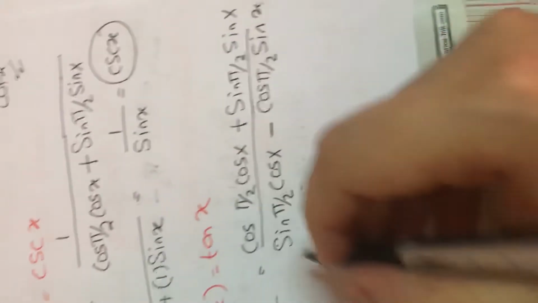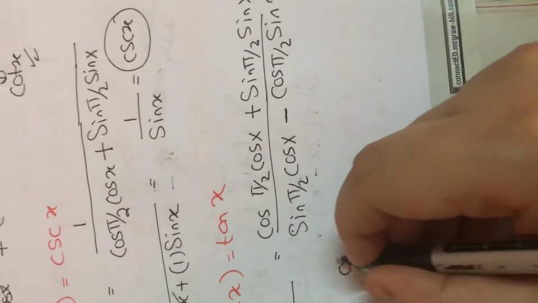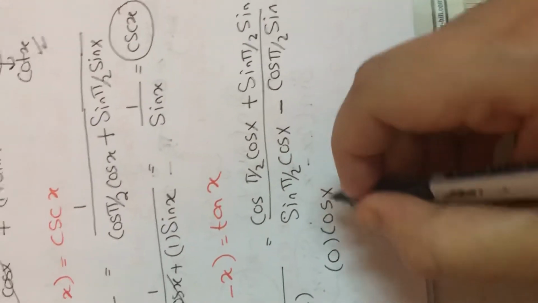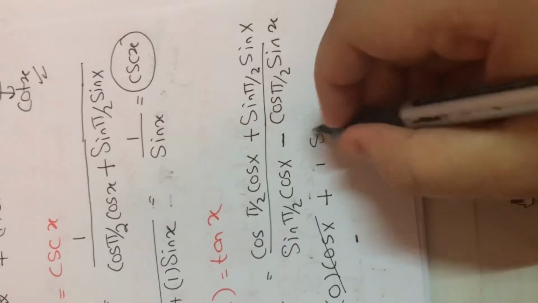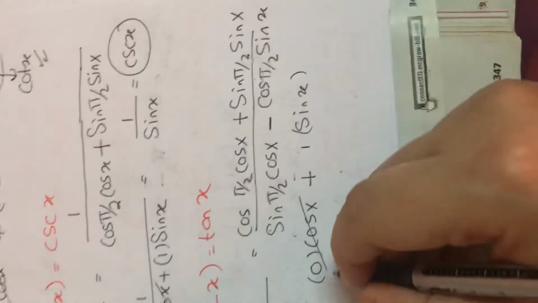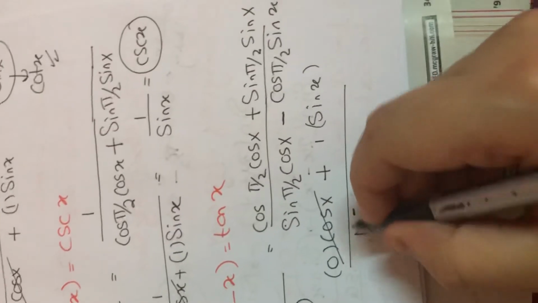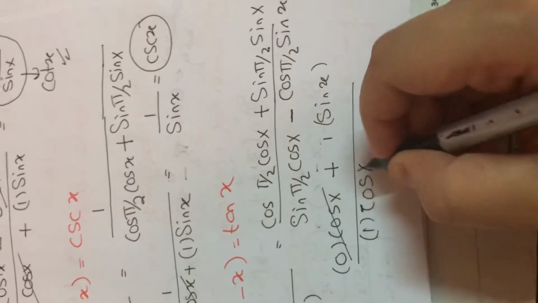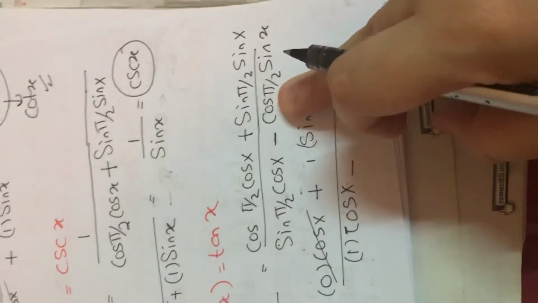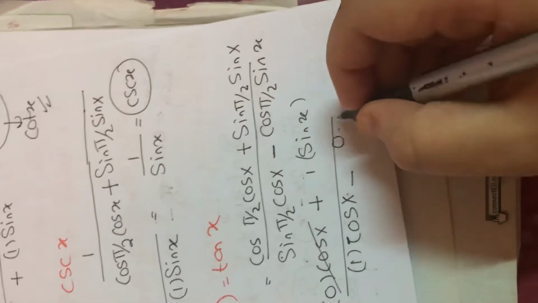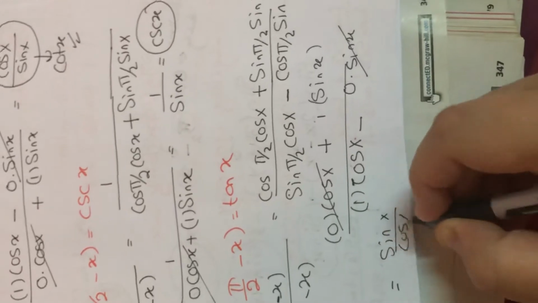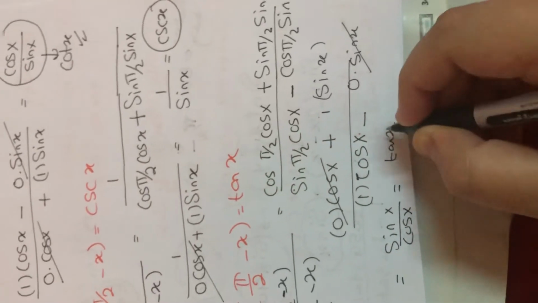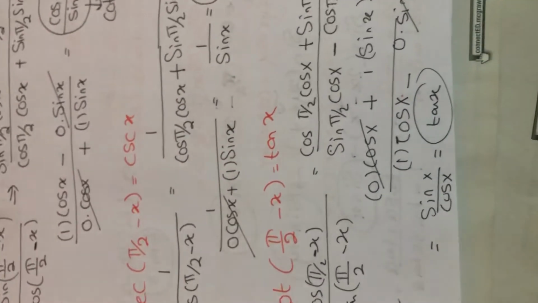What is cosine at 90? Cosine at 90 is 0 because we didn't move right or left. Cosine x, so this is gone. Plus sine at 90 is 1, so 1 times sine x all over sine pi over 2 is 1 times cosine x. Cosine pi over 2, I can evaluate it. It's 0 times sine x, so this is gone. I'm left with sine x over cosine x, which is equal to tan x. And here we verified.